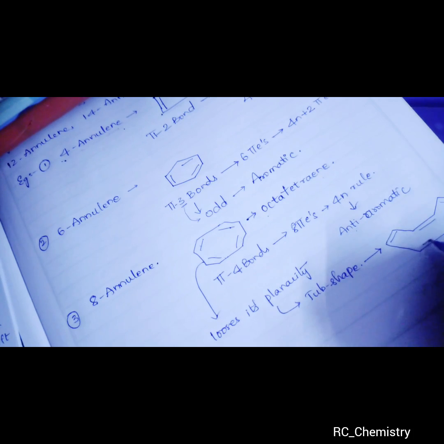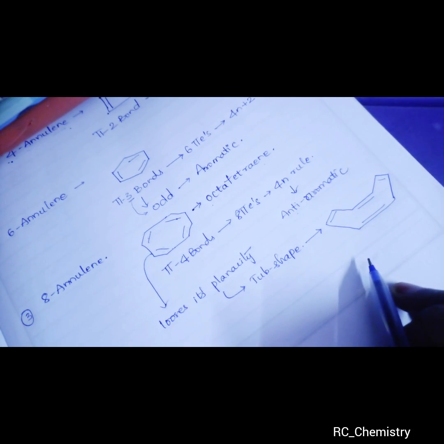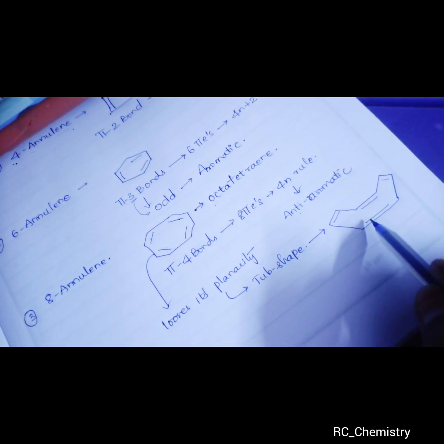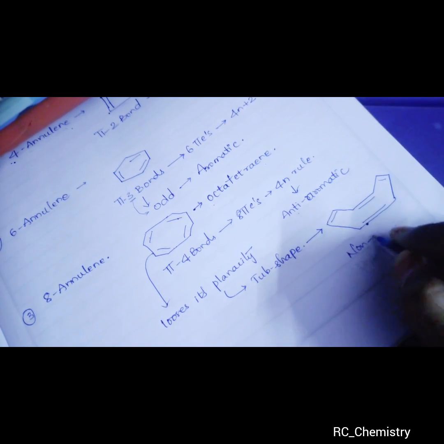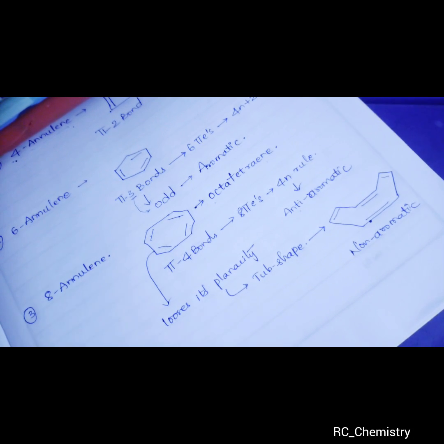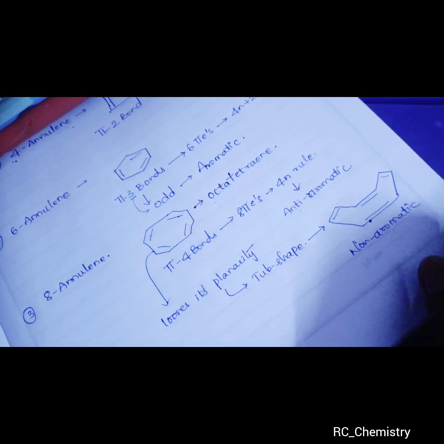It is in the form of a tub, so it is named the tub-shaped structure. If we consider the aromaticity of this molecule, it comes out to be non-aromatic, because it loses its planarity. There is no planarity in this molecule, hence it is said to be non-aromatic in nature.